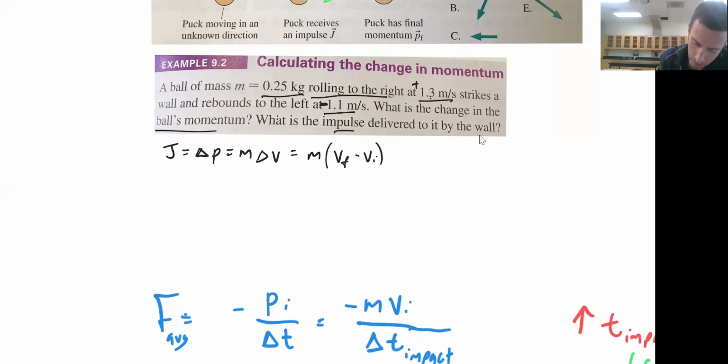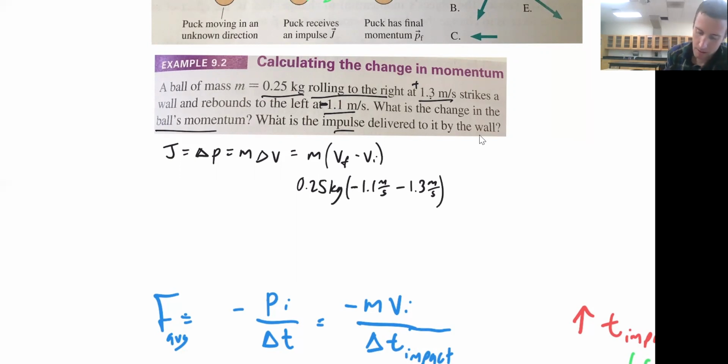Okay, so the mass of the ball is 0.25 kilograms. The velocity final is negative 1.1 meters per second minus 1.3 meters per second. Negative 1.1 minus 1.3 is negative 2.4.